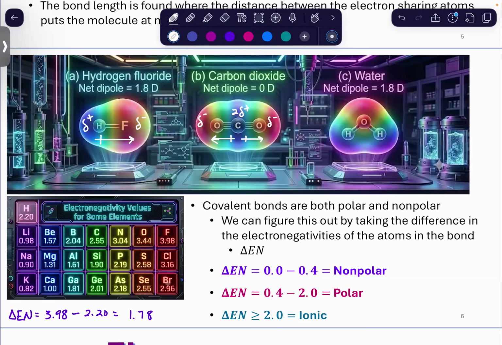And water, if we look at that up here, okay, your hydrogens, each one is going to be a delta positive. Up here, your two delta negative, and your bond dipoles are going to point along the bonds.